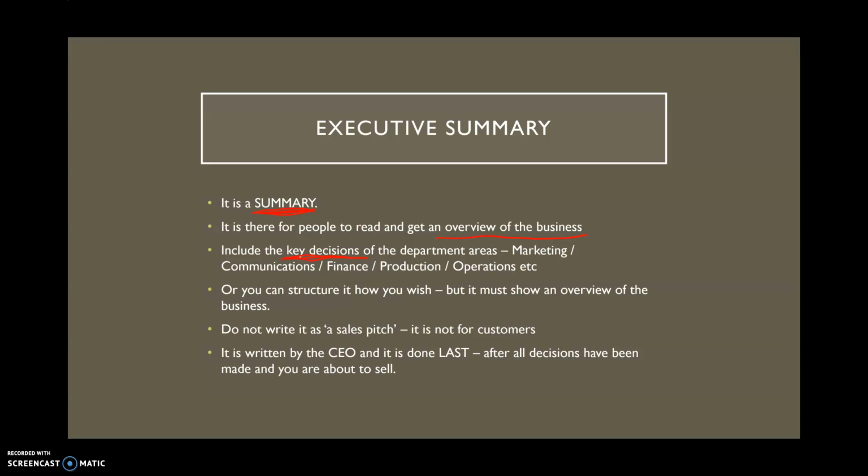It could be what you decided in terms of your unique selling point. What key things you found out in terms of your 4Ps, where you finance it from, those type of ideas. An easy way to structure this is have separate paragraphs detailing decisions of marketing, your communications, your finance, production, operations.